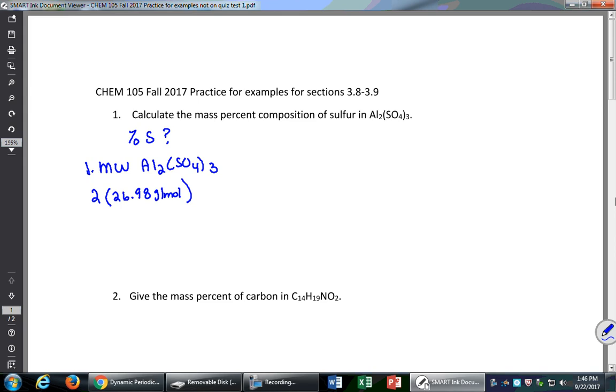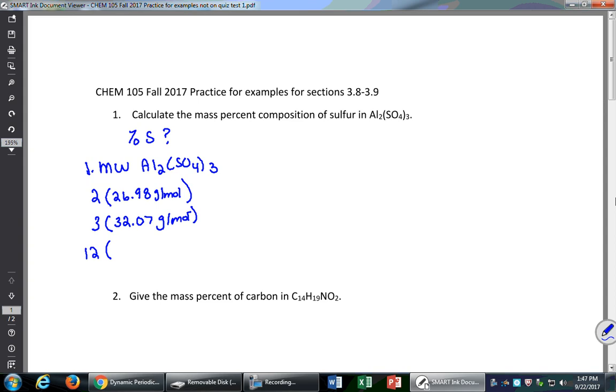Sulfur, again, remember, we have 3 total sulfurs. So 3, and our sulfur is 32.07 grams per mole. That's just from the periodic table. And then oxygen, again, we have 12 total oxygen for this formula.